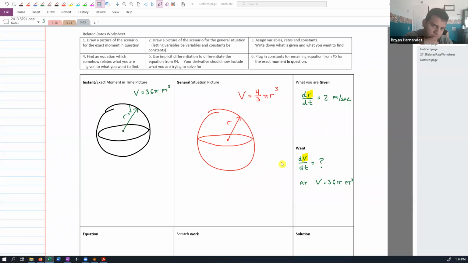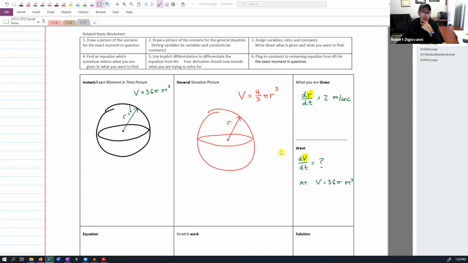Wouldn't we do an equation that had area in it? Well, I think we've done something with volume and area together, but we're not trying to relate area and volume. We're trying to relate radius and volume.